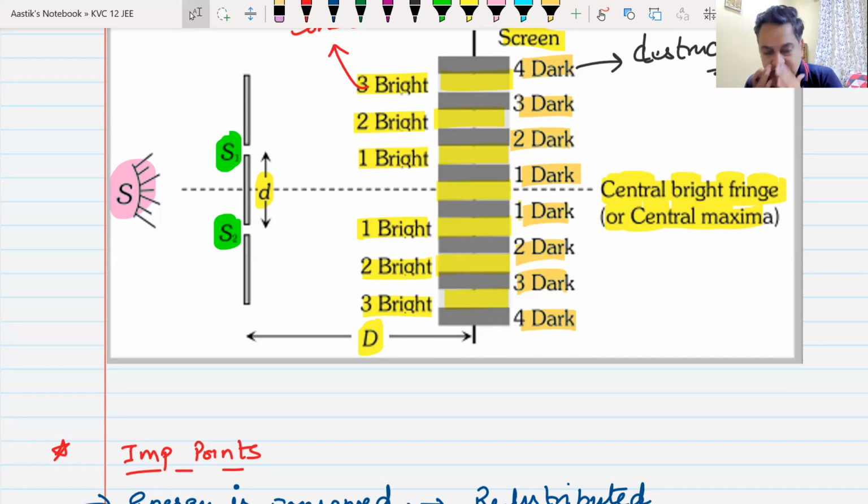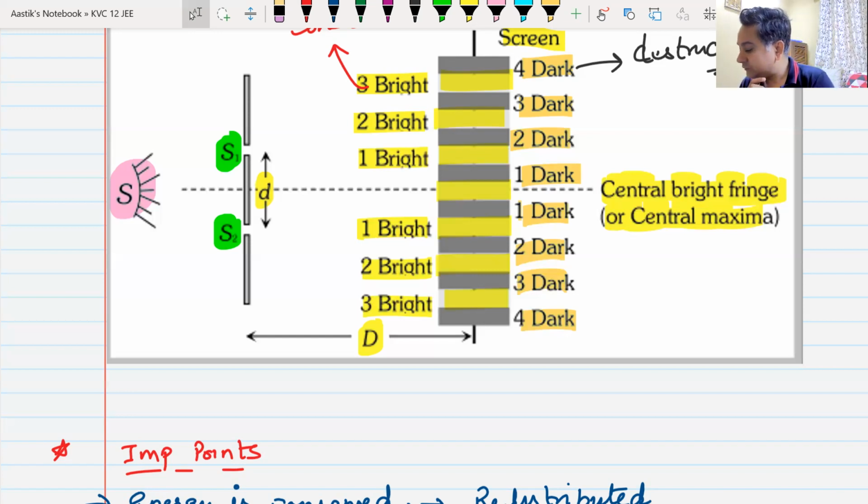Can you show it from the diagram? Anyone?